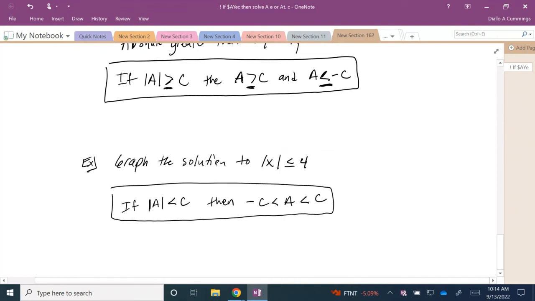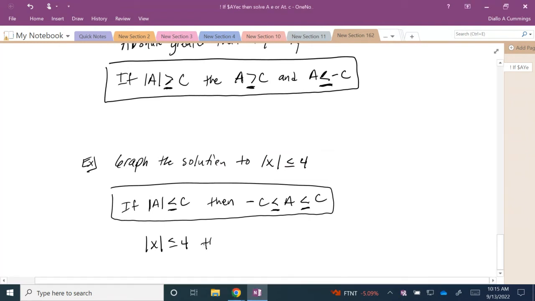So in our example, we have the absolute value of x is less than or equal to 4. Since we have a less than or equal to, I'm simply going to attach the equal to in the formula. And then I'm going to apply the formula.